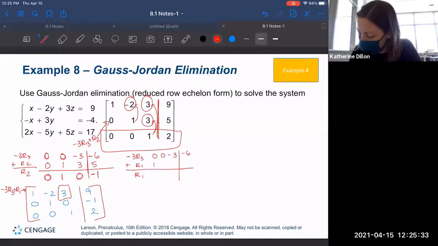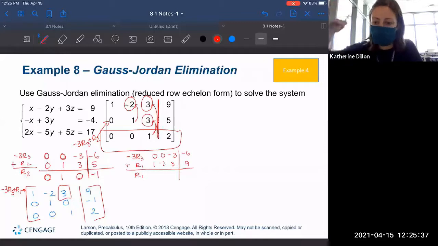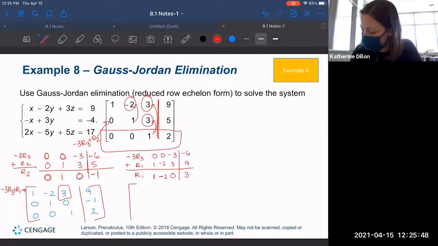Row 1, I'm just copy pasting, and then I add straight down. 1, -2, 0, -6 and 9, we get 3. So this is my matrix right before the end. This is the second to last step. My new row 1 is 1, -2, 0, 3, and then I copy row 2, then row 3.